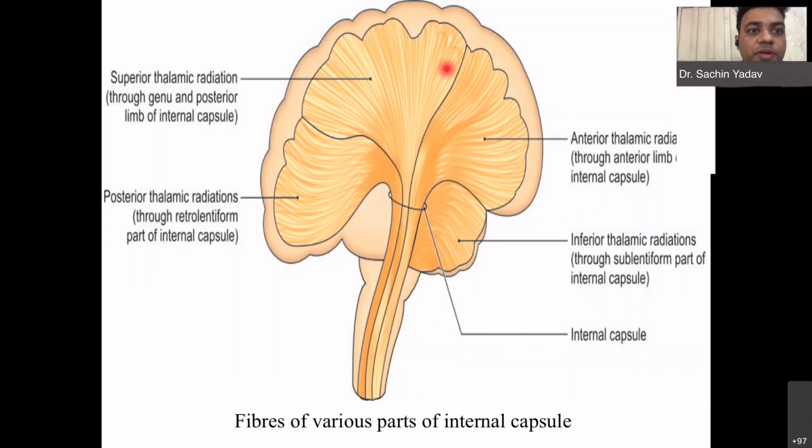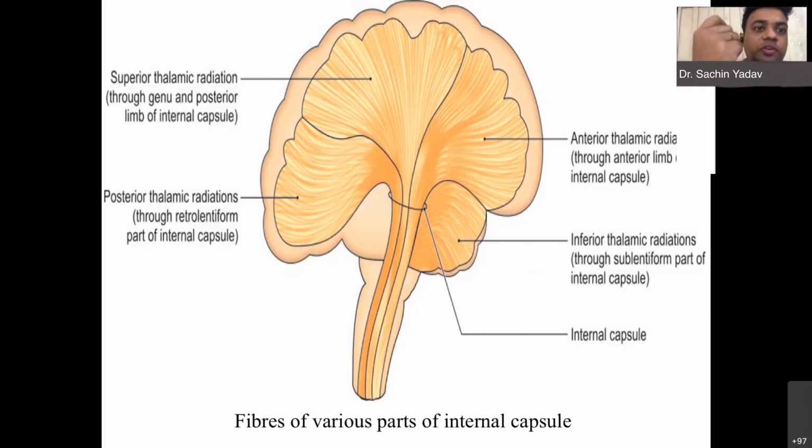You see how the thalamic radiations are using the internal capsule, the part of the cerebral cortex, right? So why are the thalamic radiations very important? Because the thalamus, mainly the ventral tier of the lateral group of the thalamic nuclei, are the relay center for the ascending fibers of the brain.